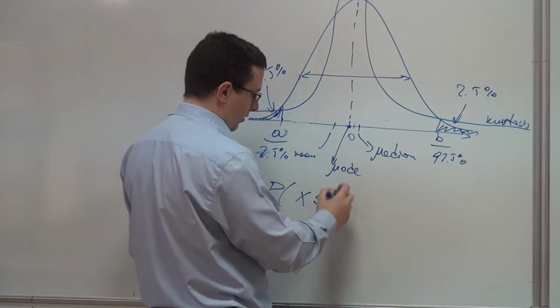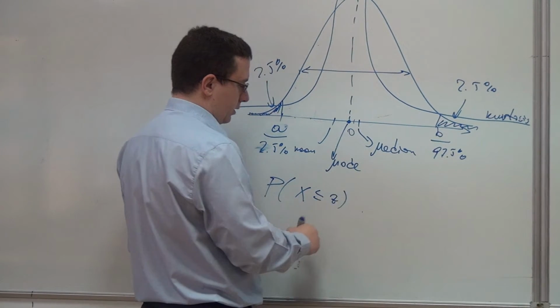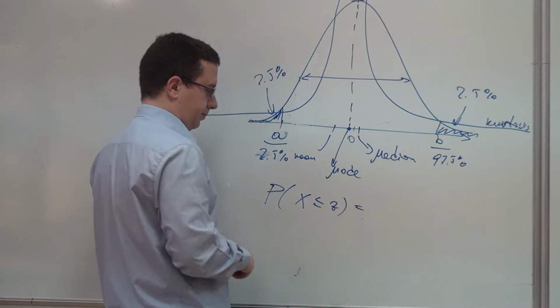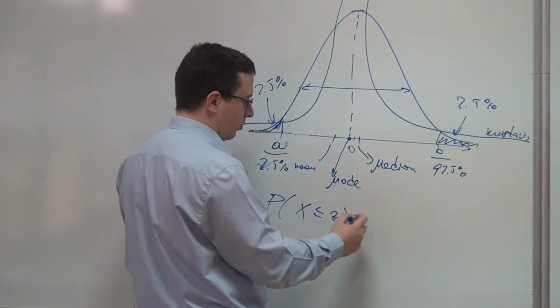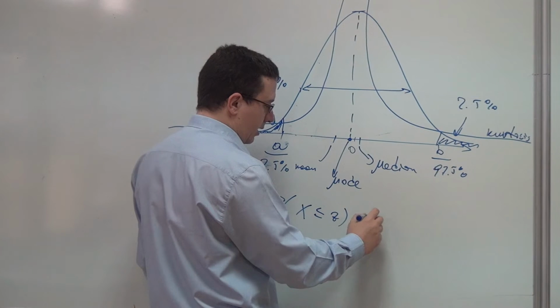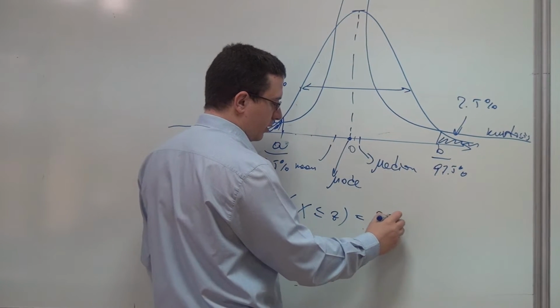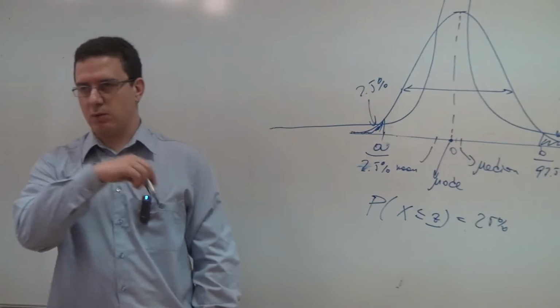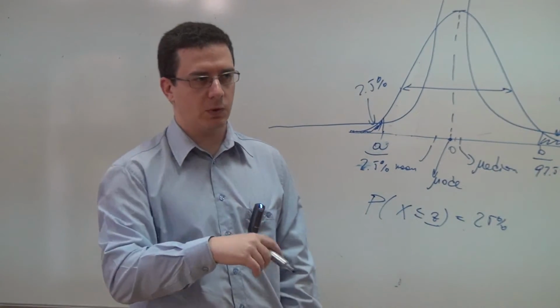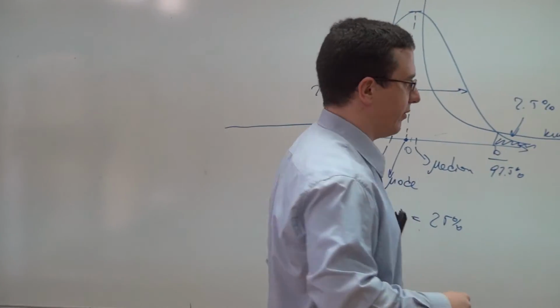The random variable, Z is the unknown number that we seek, and we say that we need this to be 25%. So whatever Z turns out to be, that's a 25% quantile. So you're solving this in inverse.